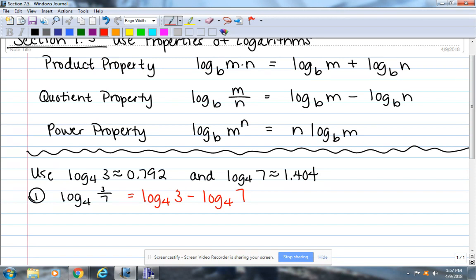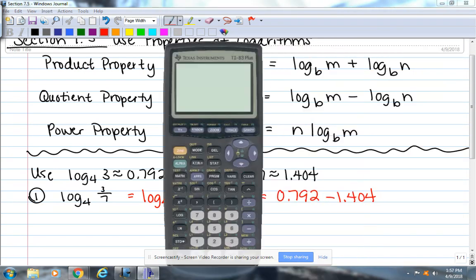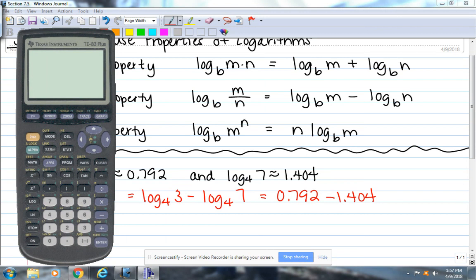And we said they gave us the decimals to use, right? So for this problem, I'm going to be saying 0.792 minus 1.404. And then I just type that into my calculator. 0.792 minus 1.404.